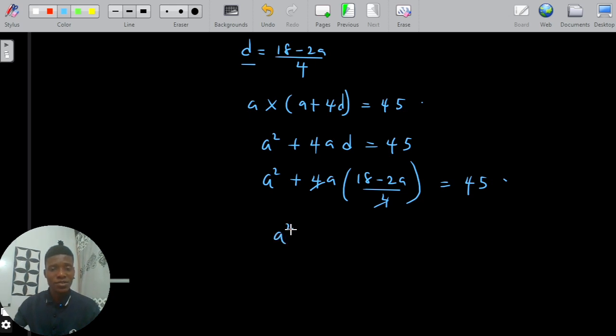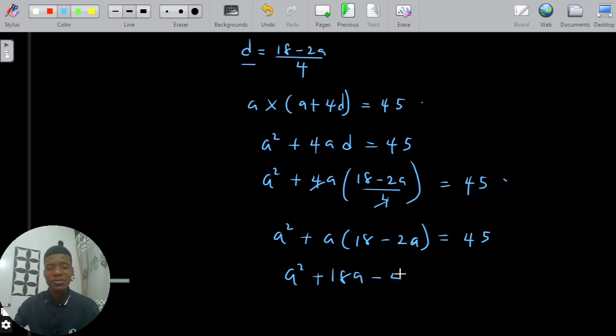We'll be left with a squared plus a times (18 minus 2a) equals 45. If you expand further, you have a squared plus 18a minus 2a squared equals 45. When you collect like terms, you have minus a squared plus 18a minus 45 equals 0.